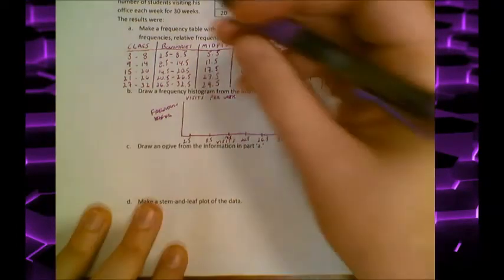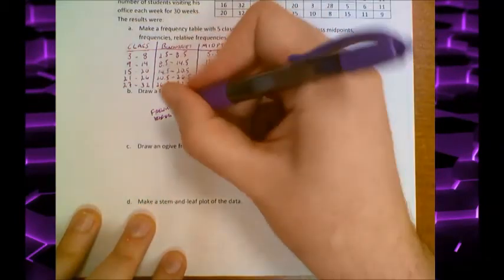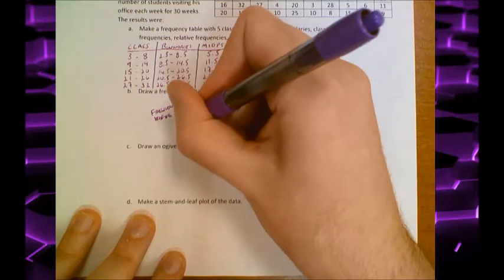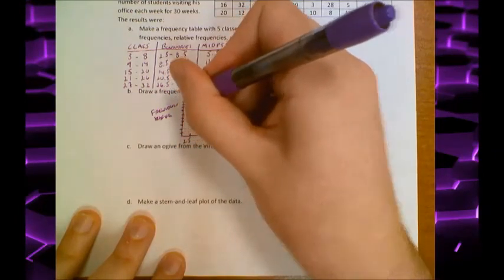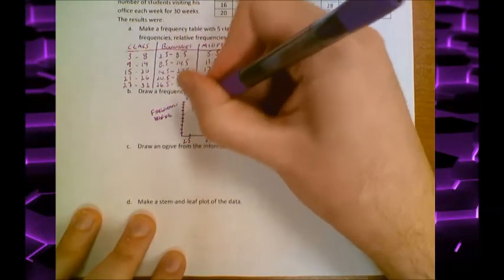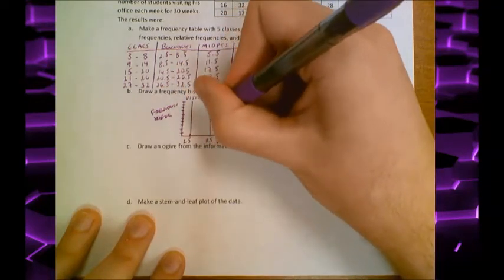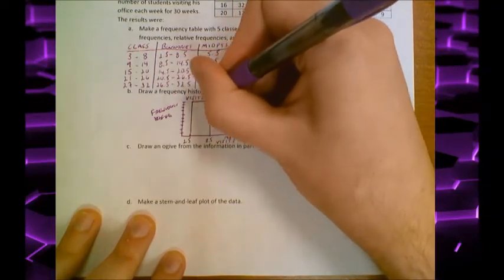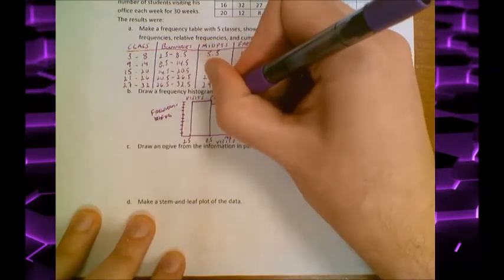So my first one, our frequencies go up to like 10. So I really just need to go up that high. So I'll go 1, 2, 3, 4, 5, 6, 7, 8, 9, 10. So first one, I go up to that 10. So I'm going to go all the way to 10 for these two here. My next one goes to 9, so I'm just a little bit lower than that.